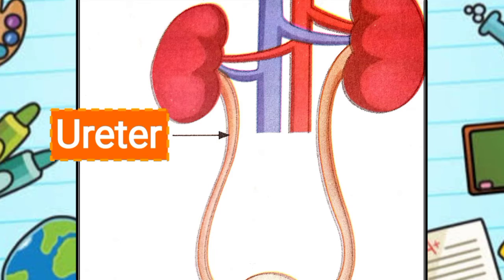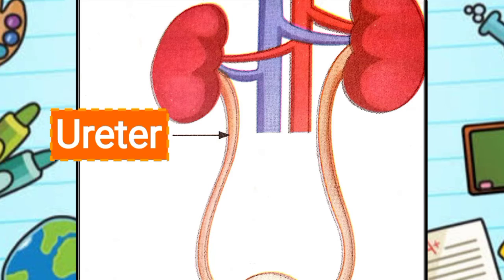Now let's understand the ureter. It is a small tube about 25 cm long that carries urine from the kidney to the urinary bladder.